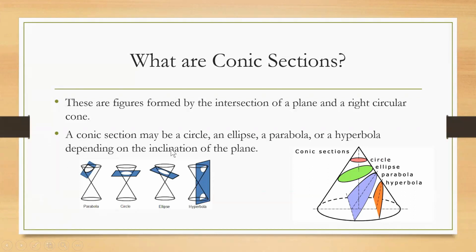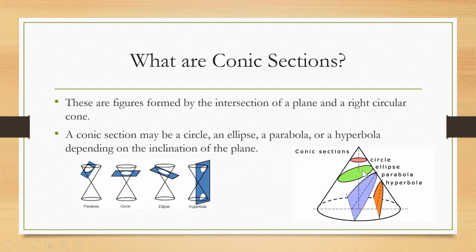A conic section may be a circle, an ellipse, a parabola, or a hyperbola, depending on the inclination of the plane. Sometimes we can have a double right circular cone, as can be seen in this image right here.